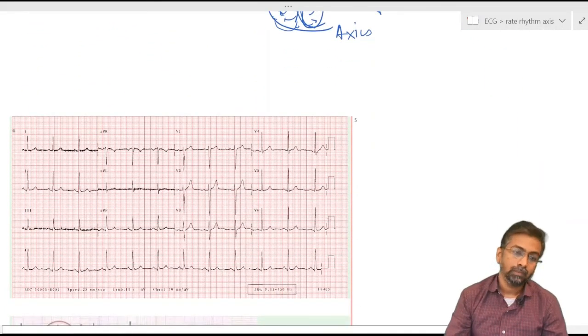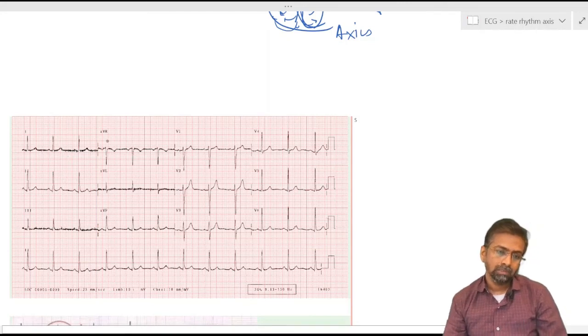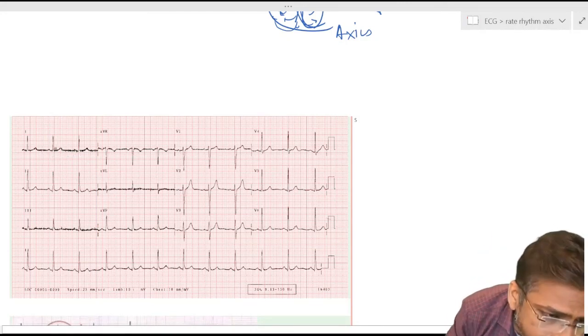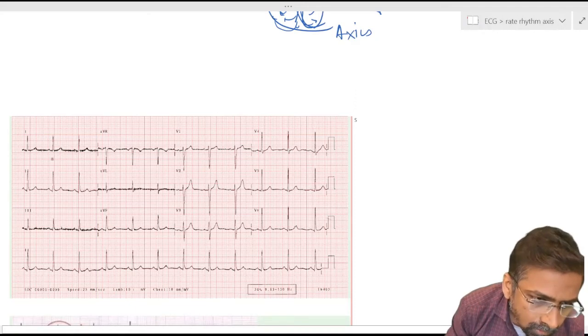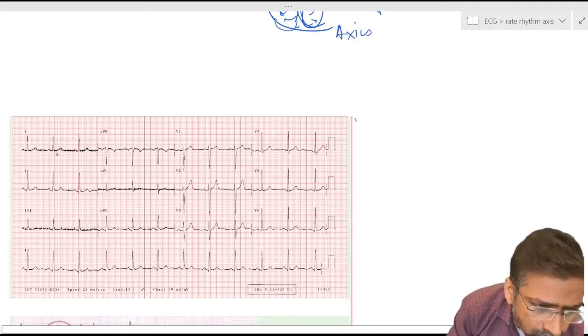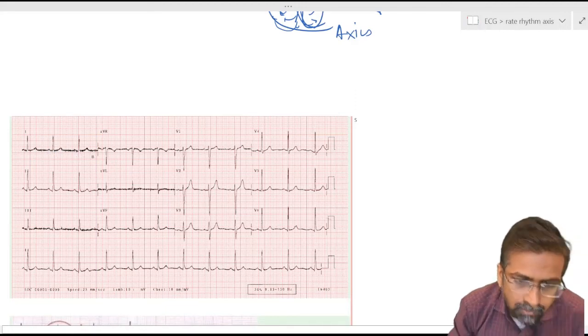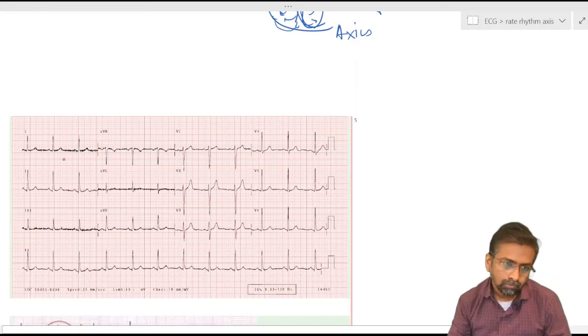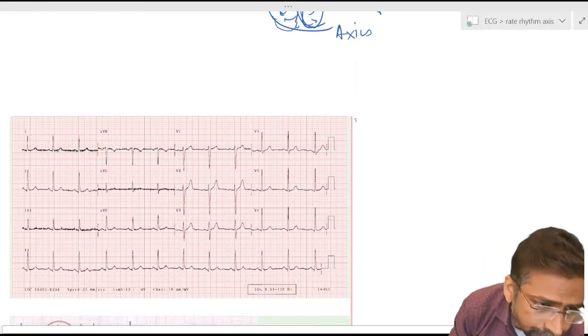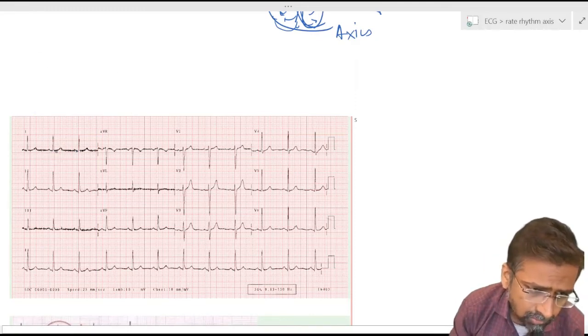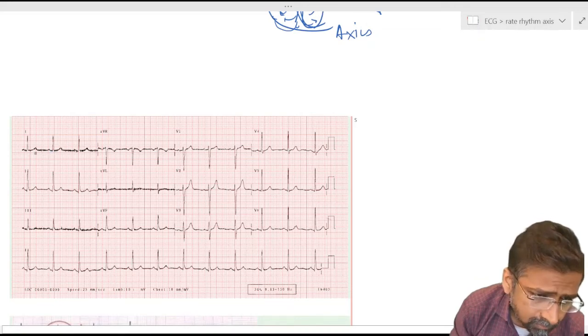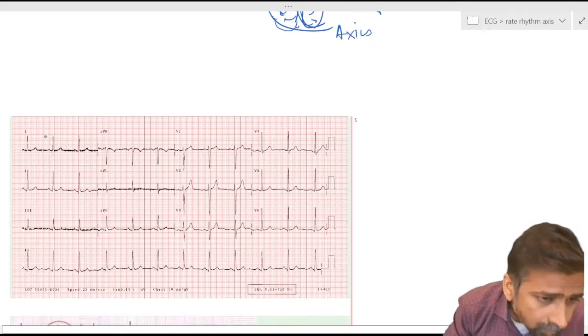Here you see, what is the resultant deflection? Okay, you try to calculate. You have to check lead 1 and lead AVF. In lead 1, the baseline is a little bit hazy, so I cannot properly calculate here, but let's see. There is a very small Q wave which is not visible.